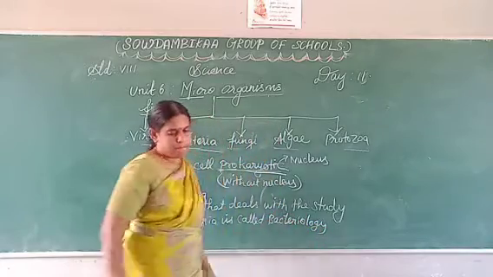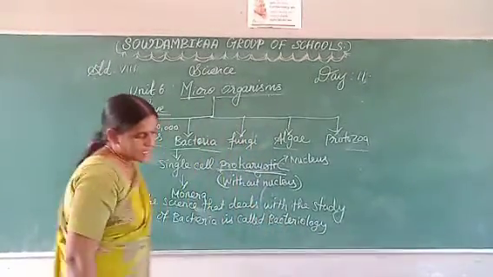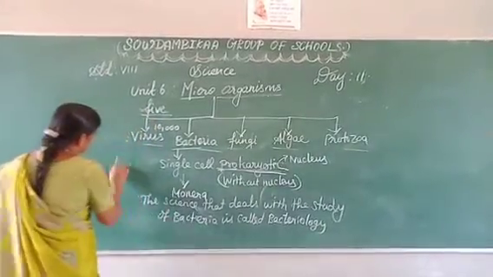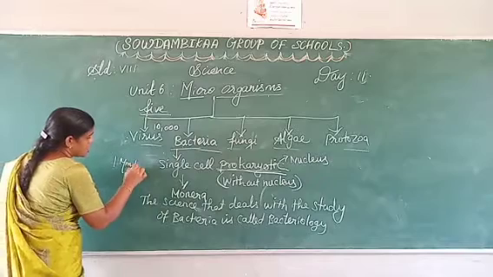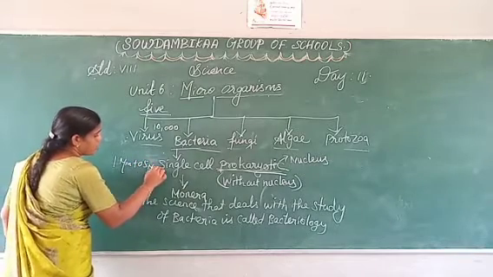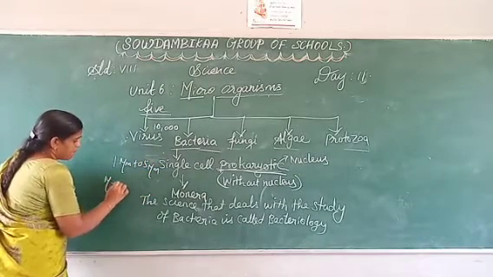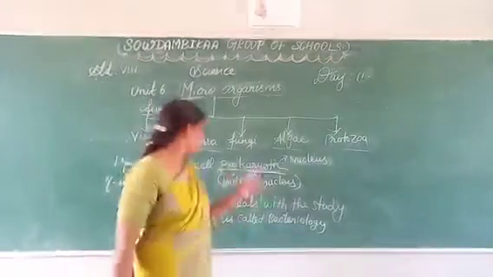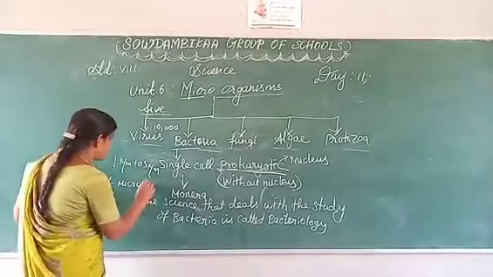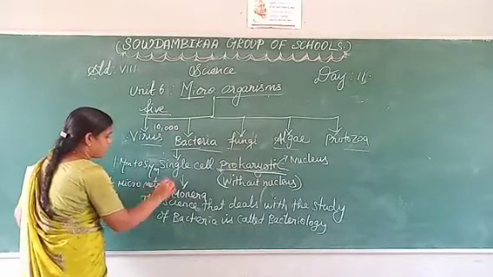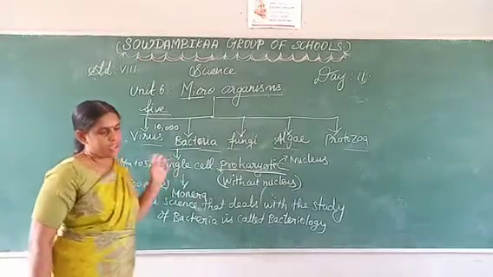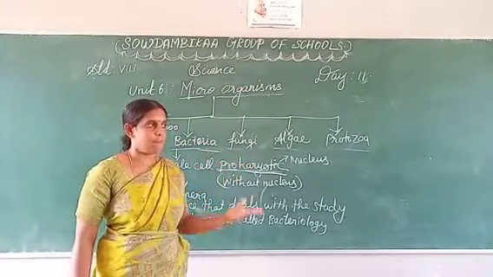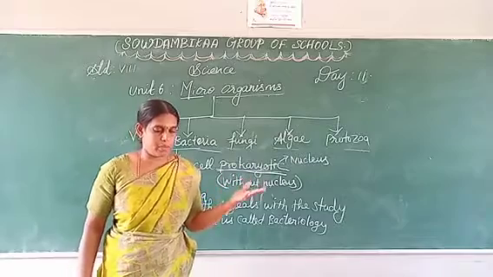The size of the bacteria ranges from 1 micrometer to 5 micrometer. M means micro. The size of the bacteria ranges from 1 micrometer to 5 micrometer.